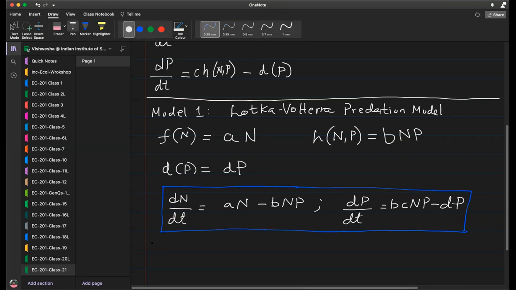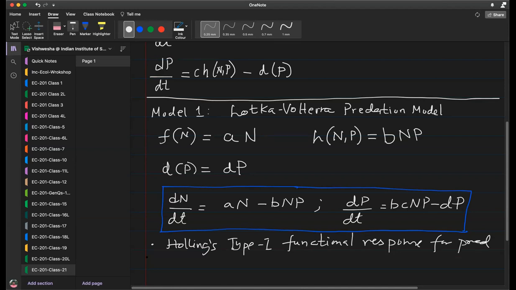So the comments are: it's basically Holling's type 1 functional response for the predation. And predators are the limiting factor.